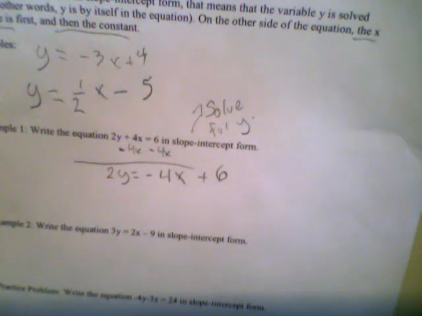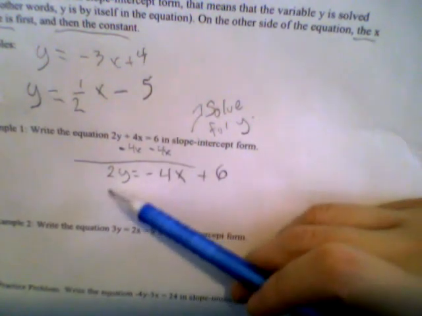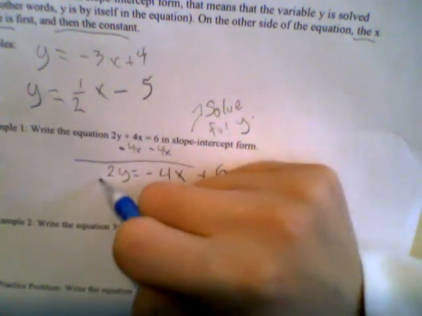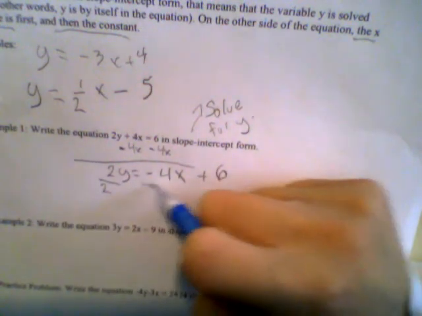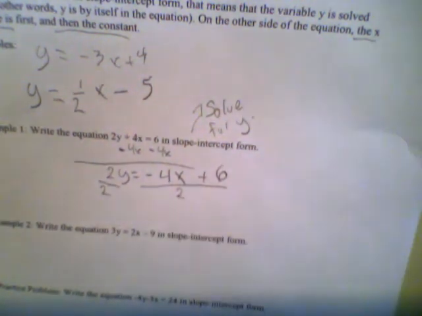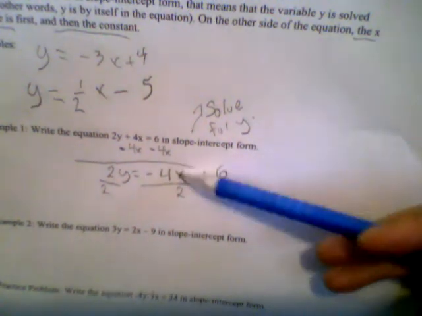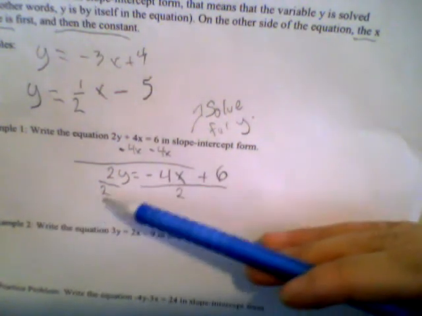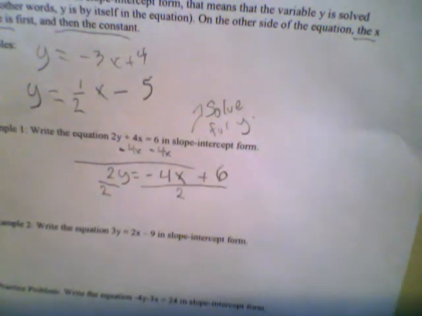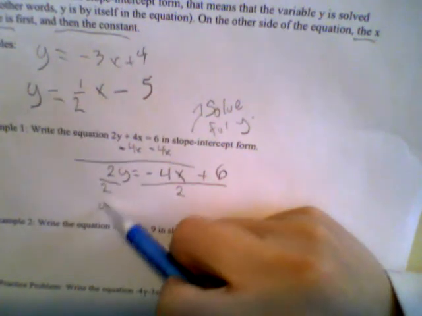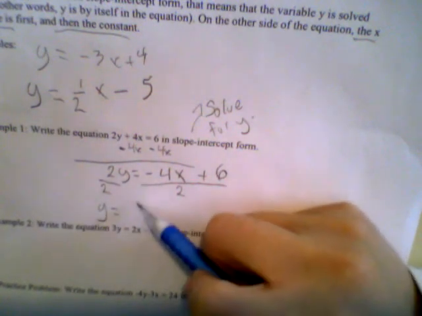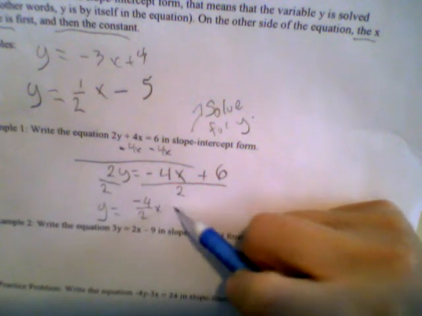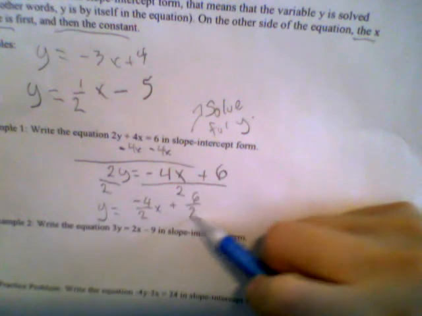To get y by itself, I'm going to have to divide all my terms by 2. So I'm going to divide this by 2, and I'm going to divide this whole right side by 2. A mistake that most students make is they'll divide one of them by 2, but they won't divide the other one by 2. If I'm getting y by itself, I have to divide every single term by 2. 2y divided by 2 is just y. Now I have negative 4 over 2 x plus 6 over 2.